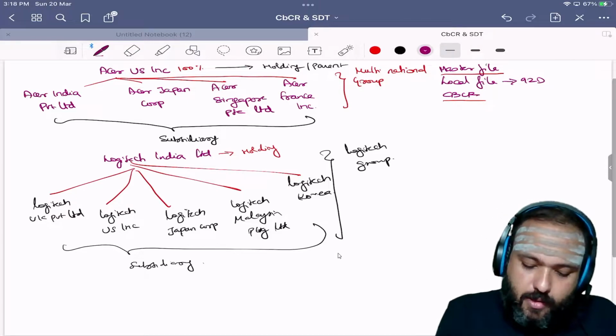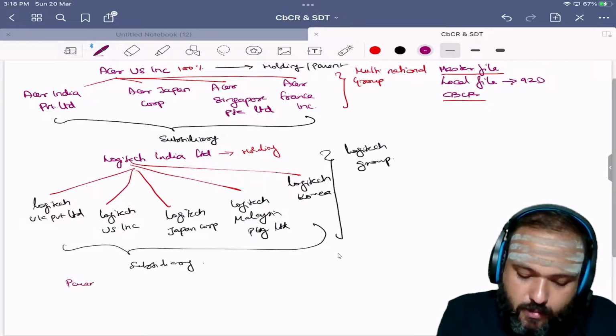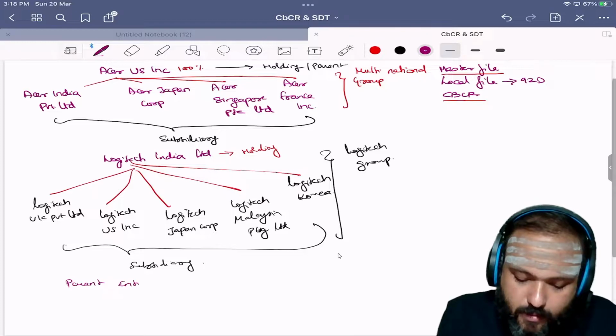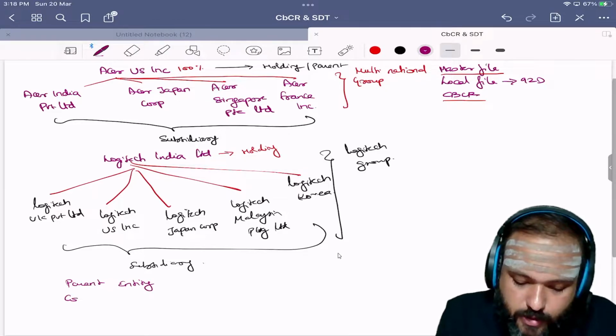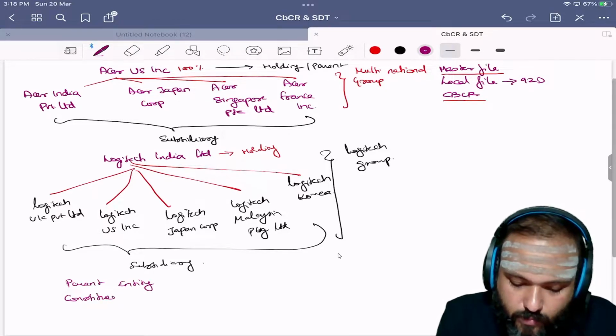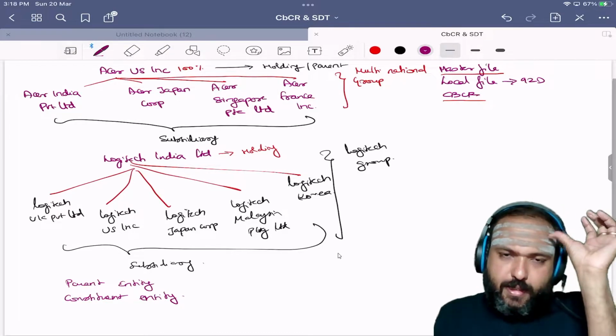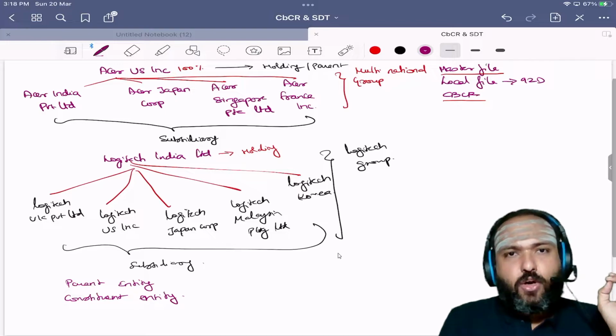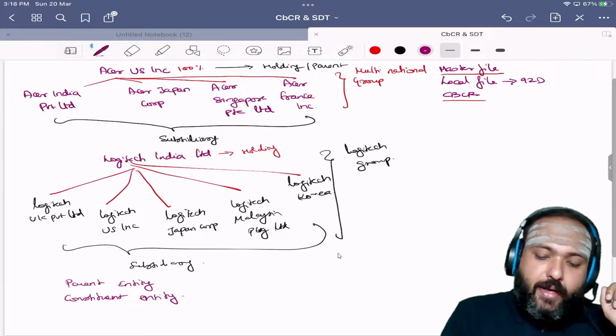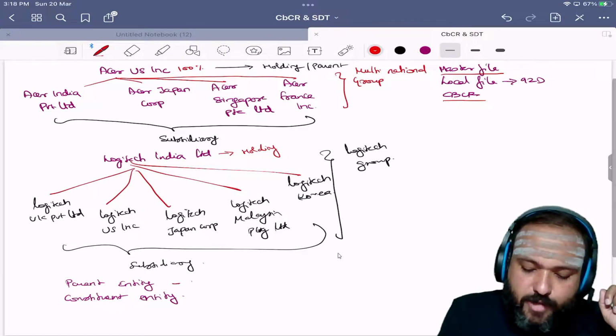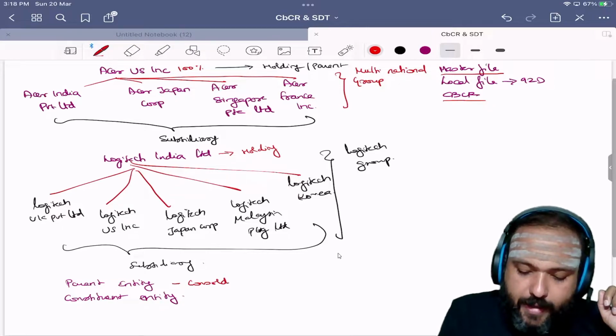One, parent entity, and two, constituent entity. So there are 2 terminologies. What are they? Parent entity and constituent entity. So what is a parent entity? That entity which prepares consolidated financial statements.